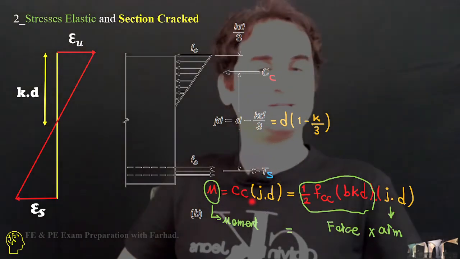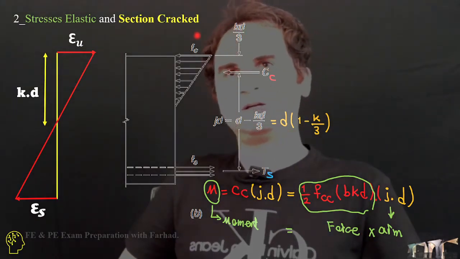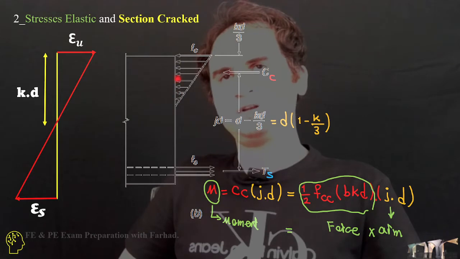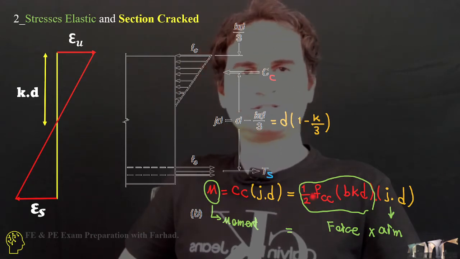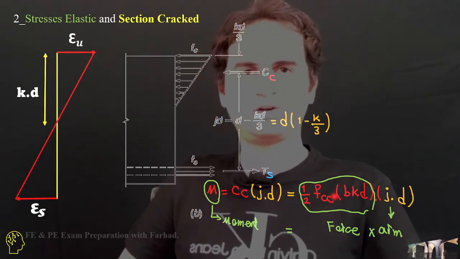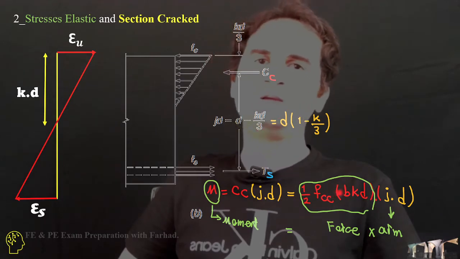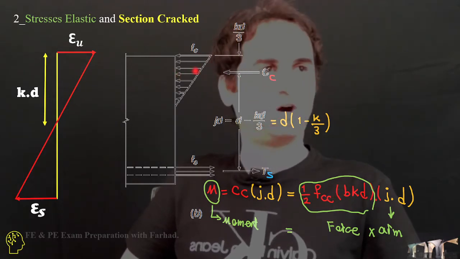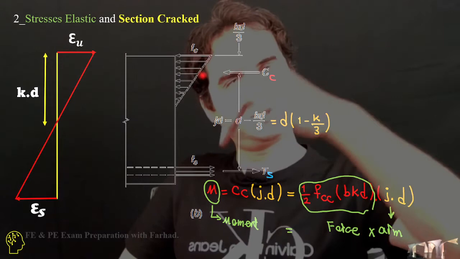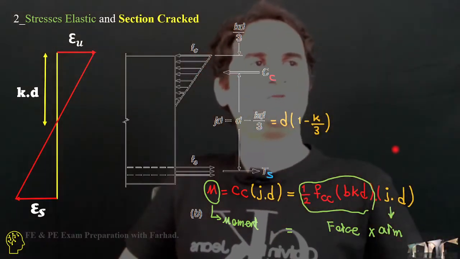The force itself is the area of the stress distribution, a half of the compressive stress in concrete, fc, times b times kd, where b is the other dimension, normal to the board.